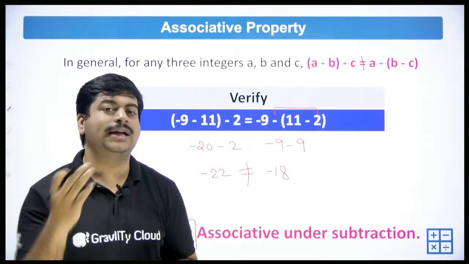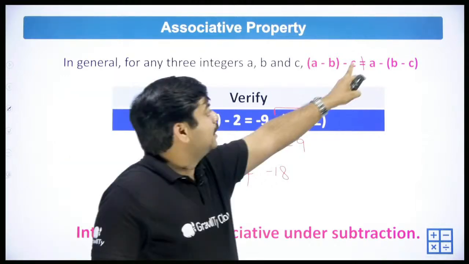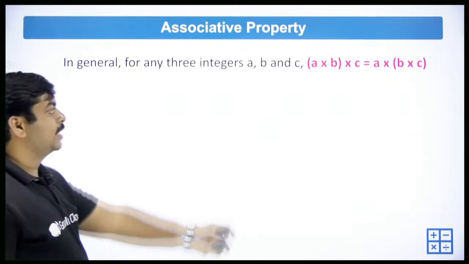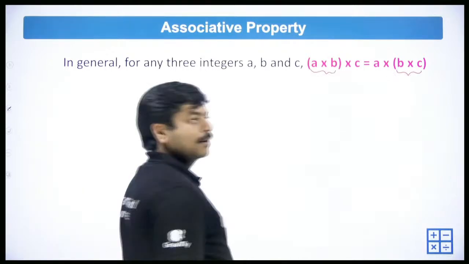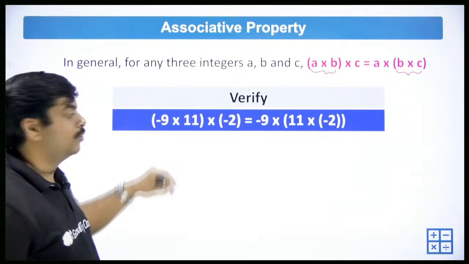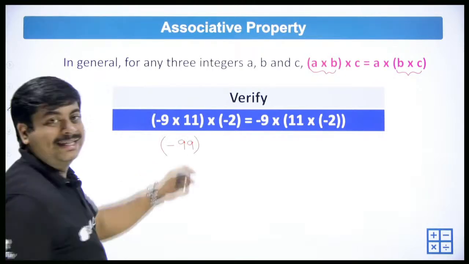For multiplication, the same way: (a × b) × c and a × (b × c). Let us find the product of a and b and then with c, or the product of b and c and then with a. Let me take a small example. Minus 9 into 11, 11 nines are 99, so minus 99, into minus 2.